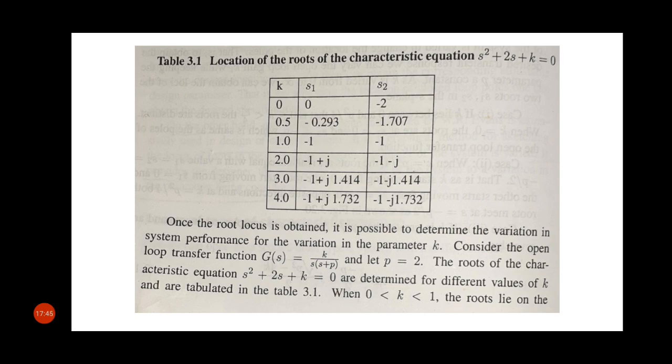Consider the open loop transfer function G(s) equal to k divided by s into (s plus p), and let p equal 2. That means in this equation we take p equal to 2. So the roots of the characteristic equation s square plus 2s plus k equal to 0 are determined for different values of k and are tabulated in this table.